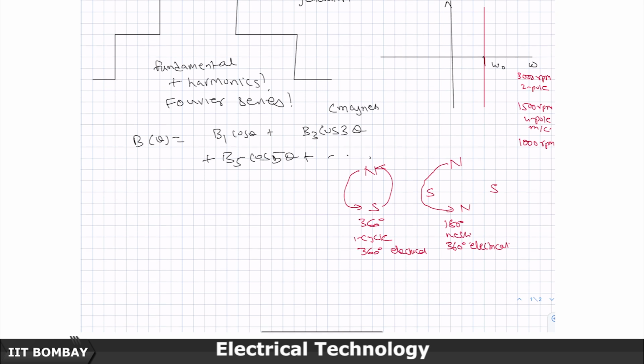So, therefore, if P is the number of poles, and so P by 2 becomes the number of pole pairs, and if theta is the mechanical angle, that means across the surface, then the electrical angle becomes P by 2 times theta.